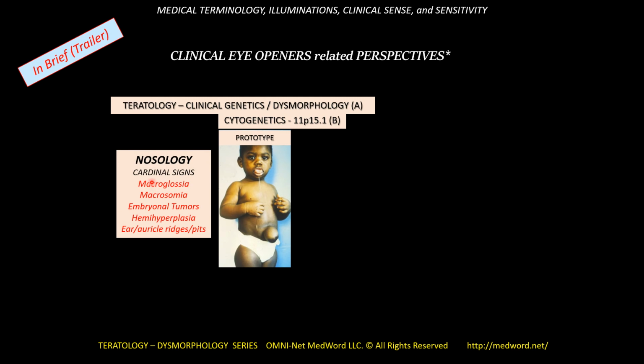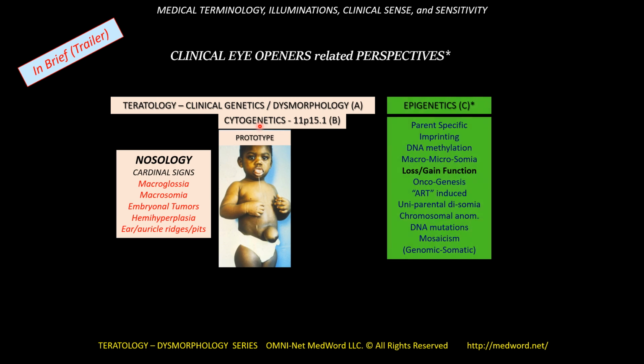The study of nosology, that is all the clinical observations, led to a very clearly defined syndrome of not only macroglossia but gigantism, macrosomia, the presence of embryonal tumors, of hemihyperplasia, and of course some rare signs otherwise but common in this syndrome, such as ear pits and so forth.